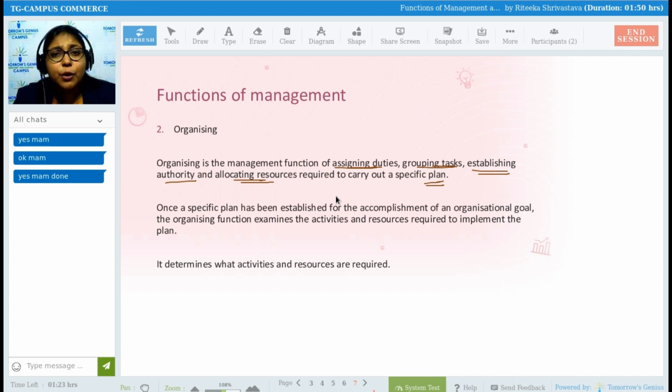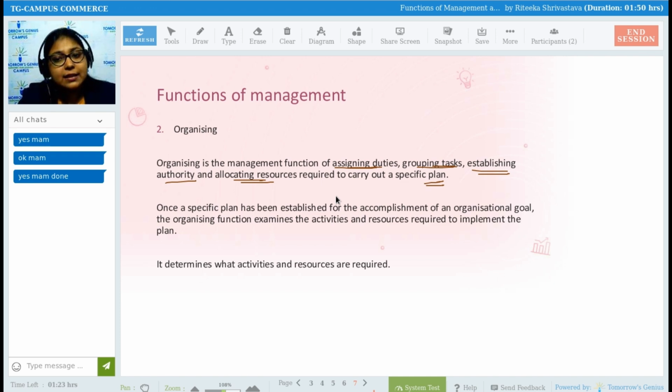To achieve any objective or goal, you have to first of all plan, and then according to the plan made, you have to organize all your stuff. You have to organize everything in order to reach your goal or objective. So that is organizing.